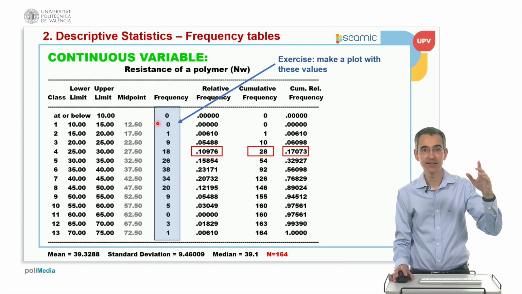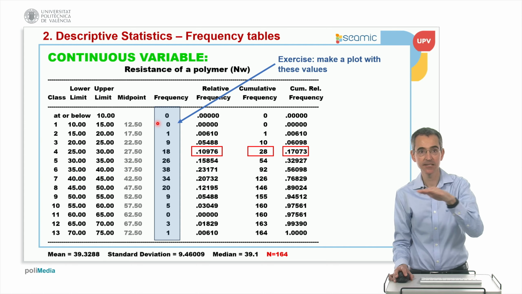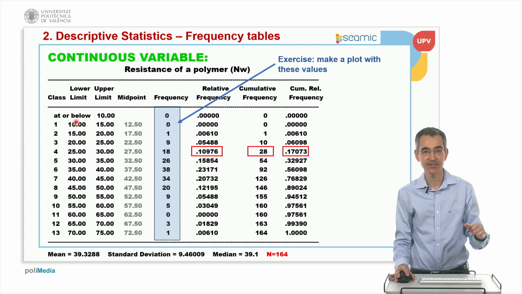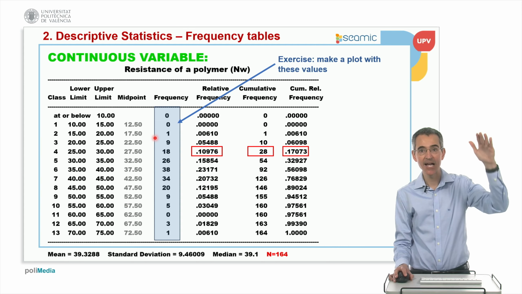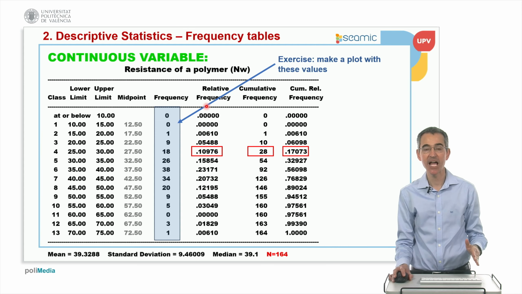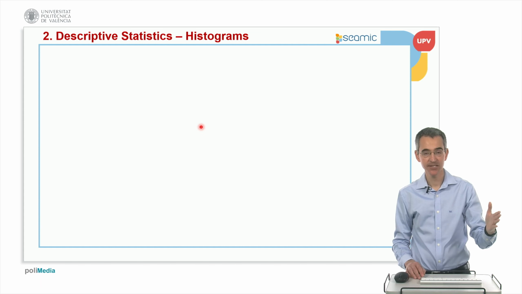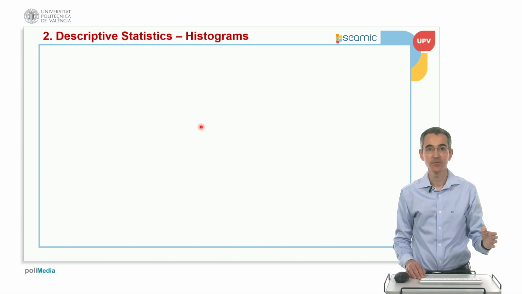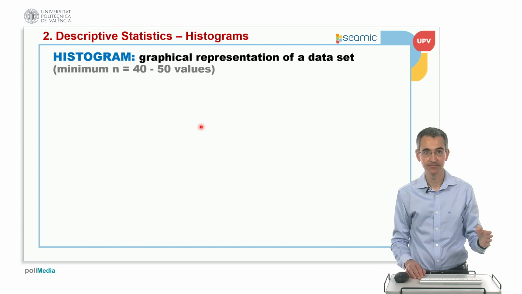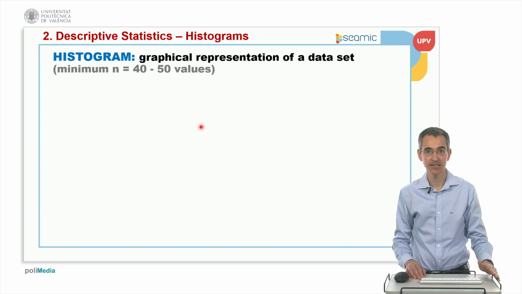Okay, so on the horizontal axis, we represent these values, okay, from 10 to 15, 15, 20 until 75, and then on the vertical axis, we represent this absolute frequency. Okay, what happens if we make exercise? So it becomes a histogram. The name of the plot is called histogram, which is a very important diagram that we use in statistics.